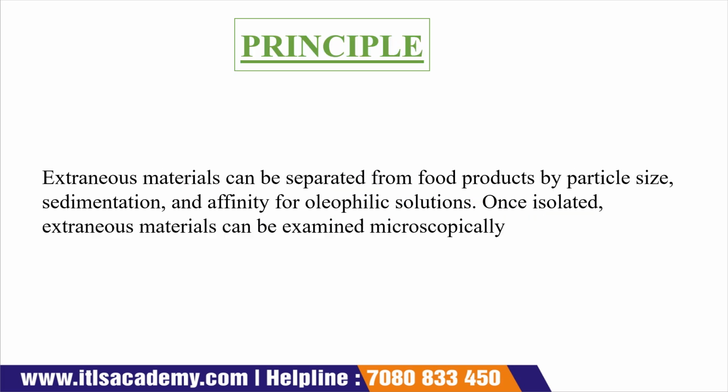Now the next one, the principle of this experiment is that extraneous material can be separated from a food product by particle size, sedimentation, and affinity for an oleophilic solution. What does that mean? The extraneous material that we want to separate can be separated on the basis of particle size, sedimentation, and affinity for the oleophilic solution.